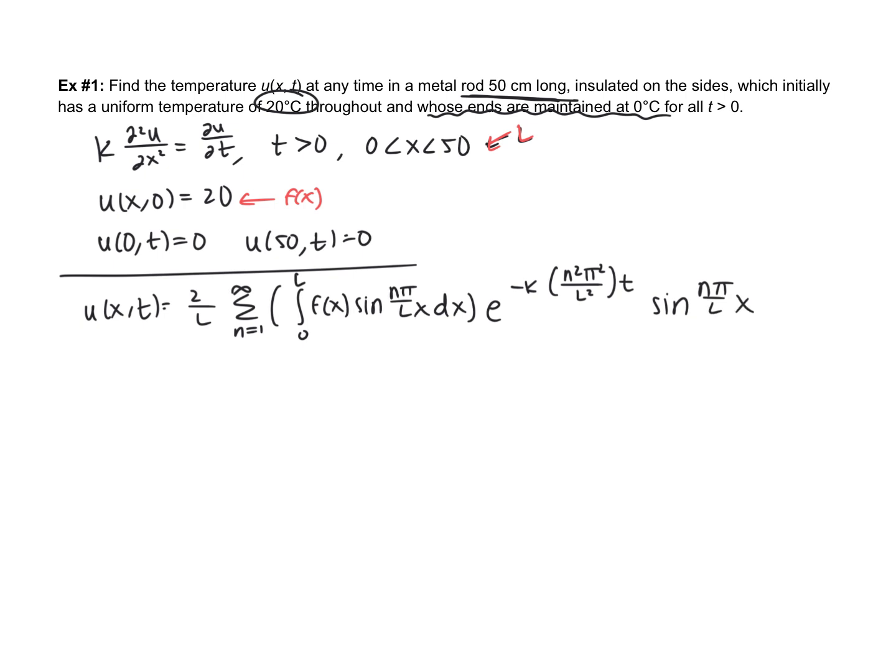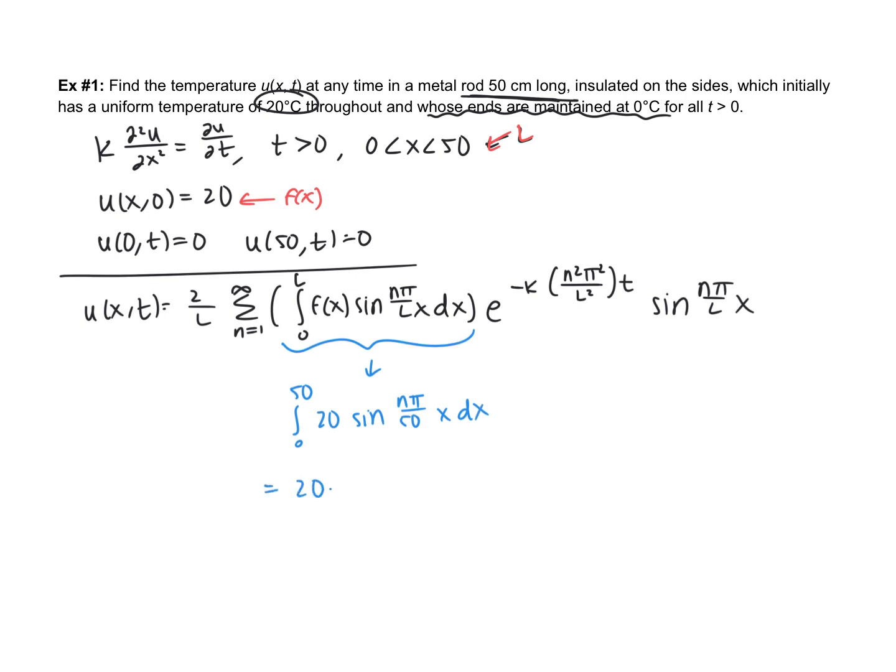Okay, so looking at this, where should we start? Well, we should probably start with this integral. So this is going to be the integral from 0 to 50 of 20 sine of n pi over 50 x dx.